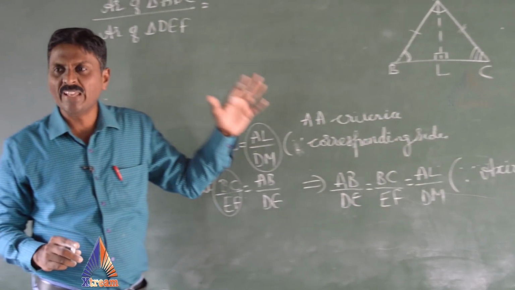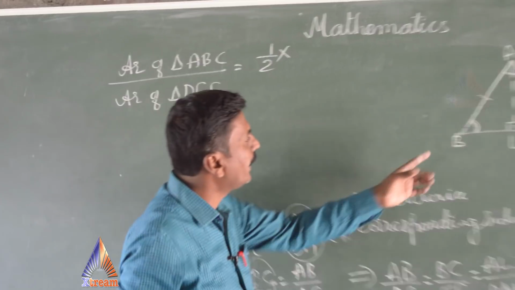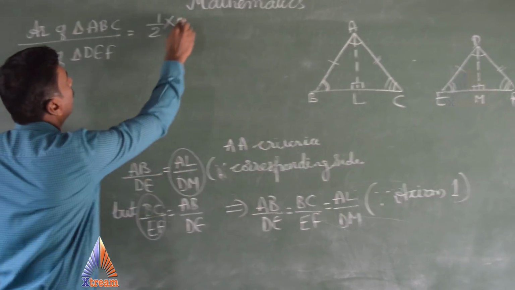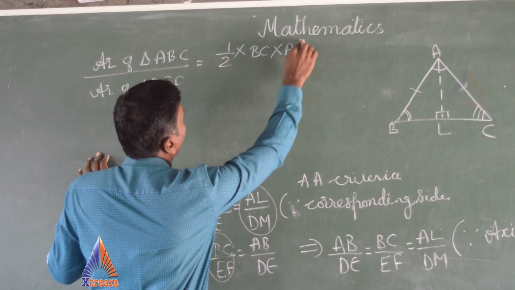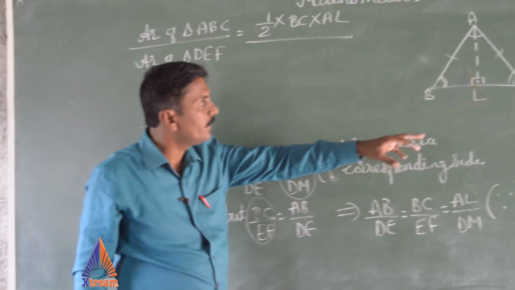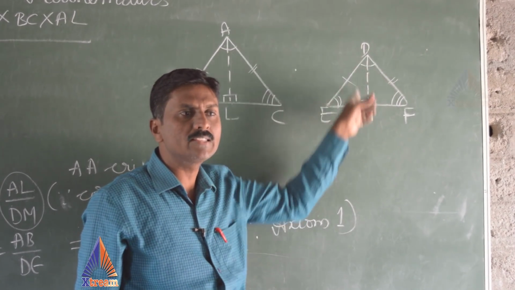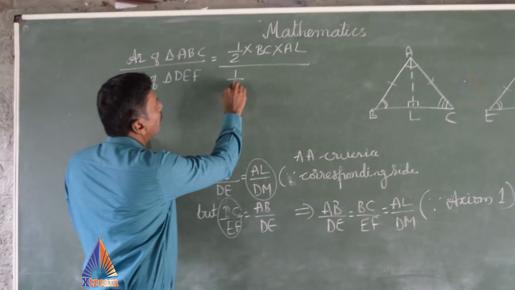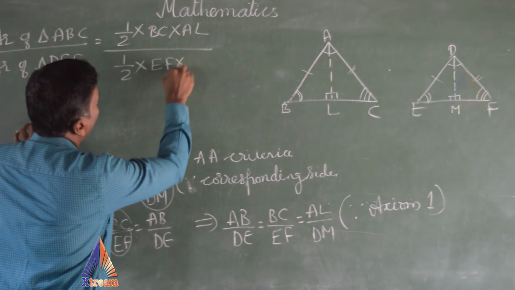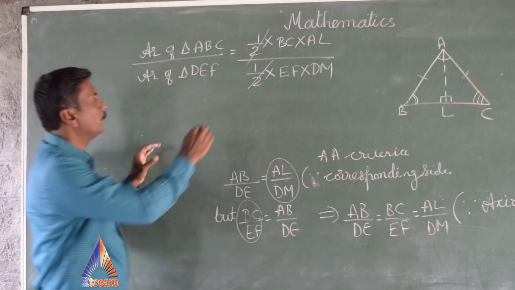Half into base into height. 1 by 2 into, in triangle ABC base is BC and height is AL, by area of triangle DEF is equal to 1 by 2 into base EF into height DM. Look at this. 1 by 2, 1 by 2.